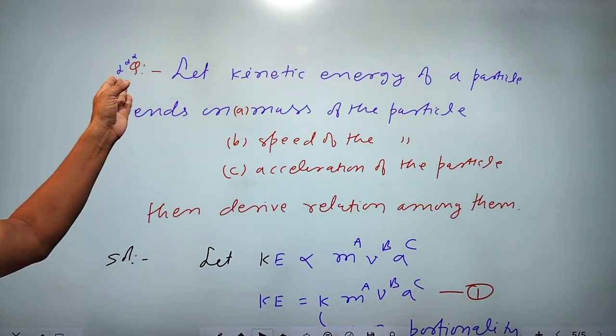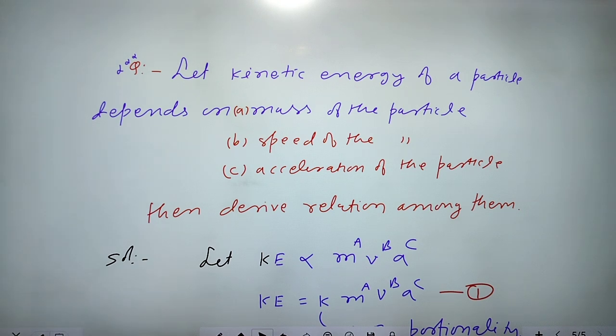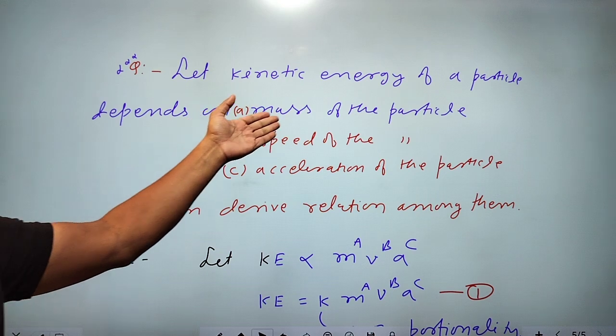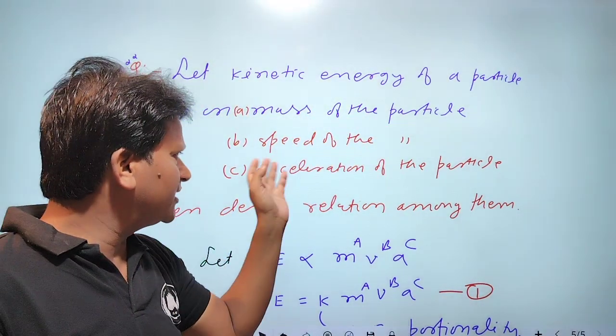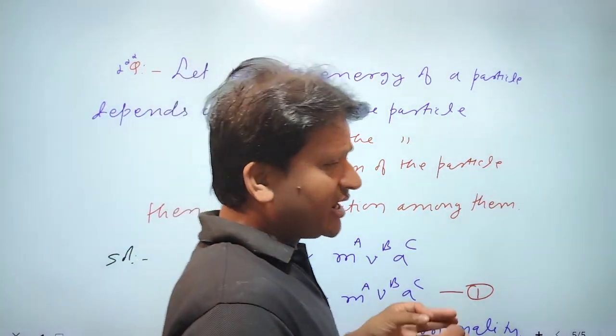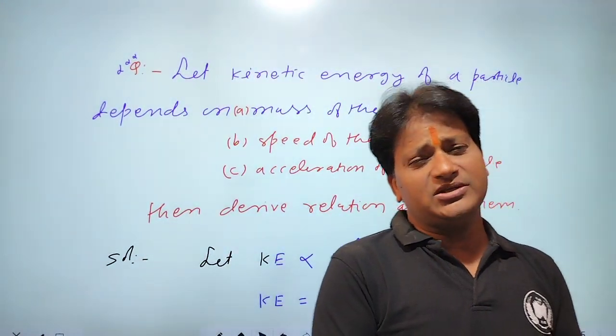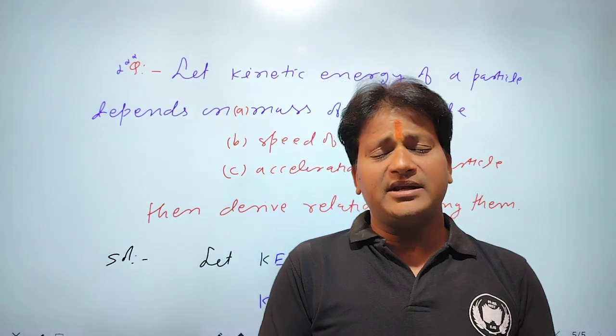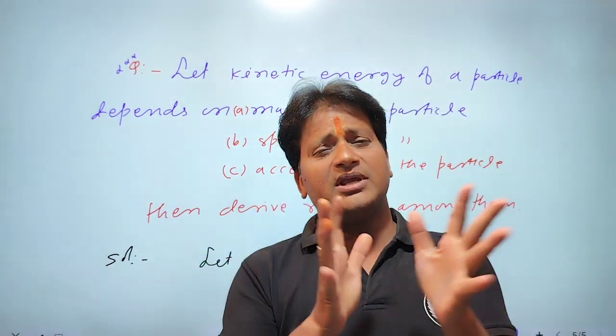This is the next question. Let us suppose the kinetic energy of a particle depends on the mass of the particle, speed of the particle, and acceleration of the particle. But we know that kinetic energy is equal to half mv square. Kinetic energy does not depend on acceleration.